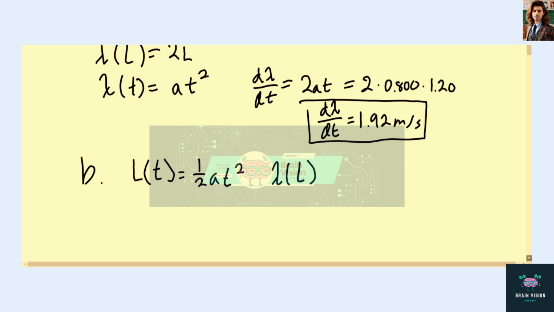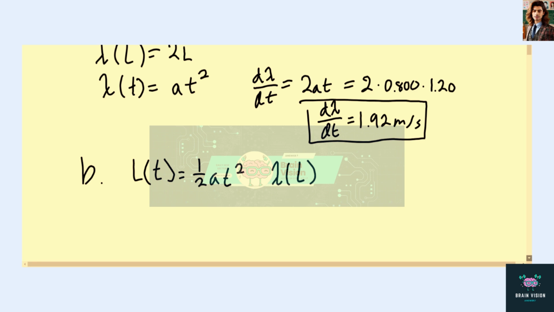So what we can do is bring back our function of L in terms of time. That is still equal to 1/2 AT squared, but our function of lambda in terms of L is different now because n has changed.